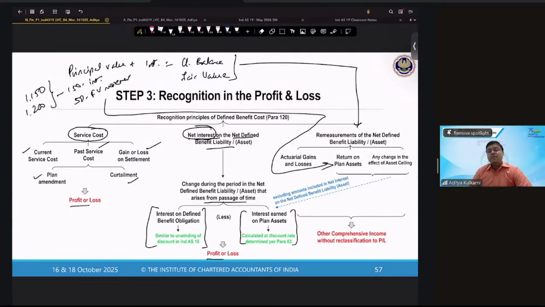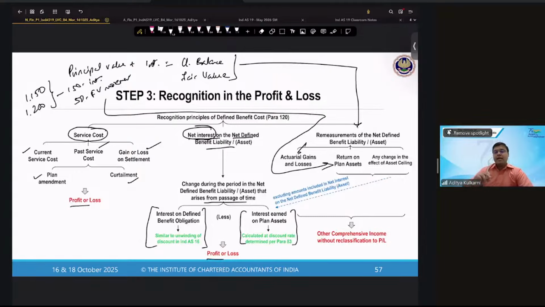Similarly, I will be having something known as remeasurement that happens due to actuarial gains or losses. ये एक चीज I have to just cover this up with the help of an example आएगा. Just give me another 5 to 10 minutes. We have a question on actuarial gains or losses due to remeasurement. Okay, that also will come here.